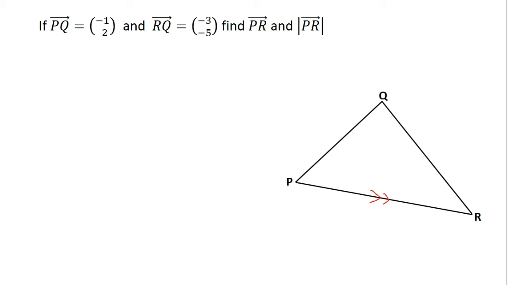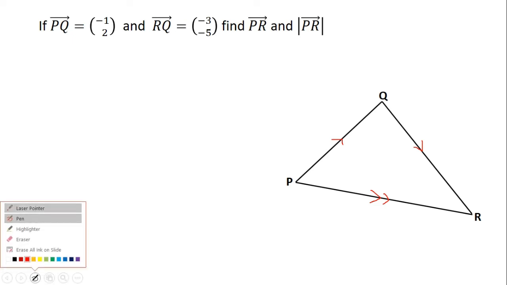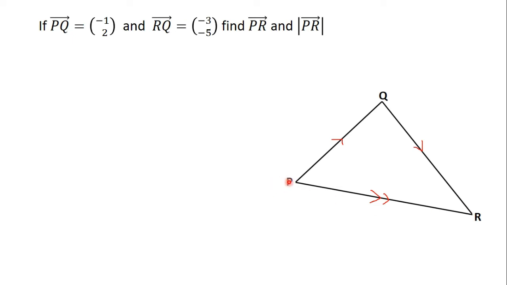Now we know that vector PR is equal to vector PQ plus vector QR. So moving from P to R is equal to moving from P to Q, then from Q to R. So vector PR is equal to vector PQ plus QR, as you've seen from the diagram.